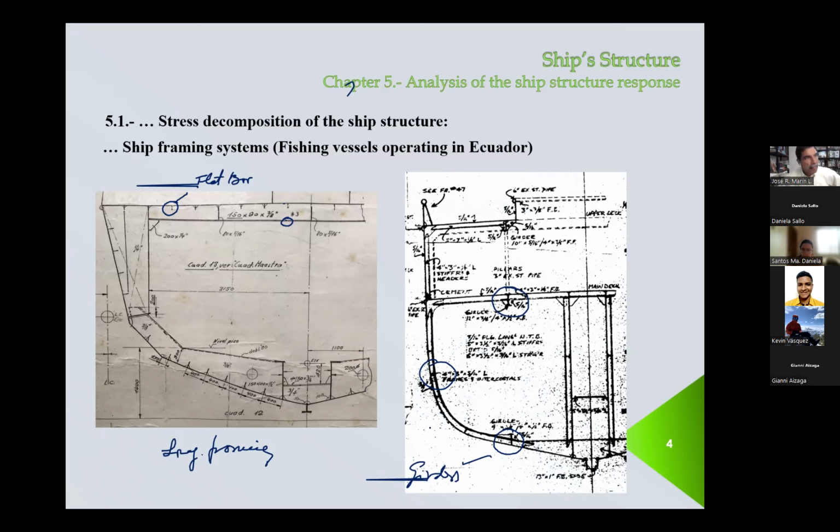It is possible that, for example, here you have a round bilge, here you have chines, so that may have affected the selection of the framing system. But in general, I don't know if you can see the girder. It says 9 inches.